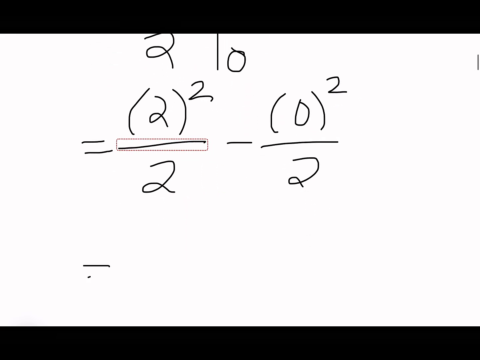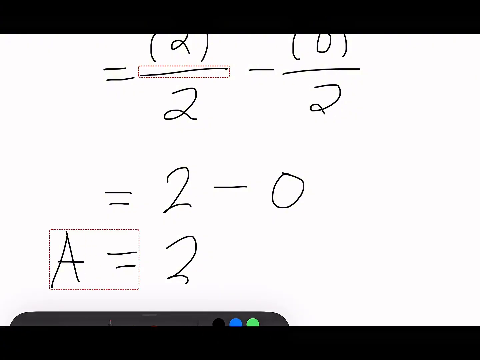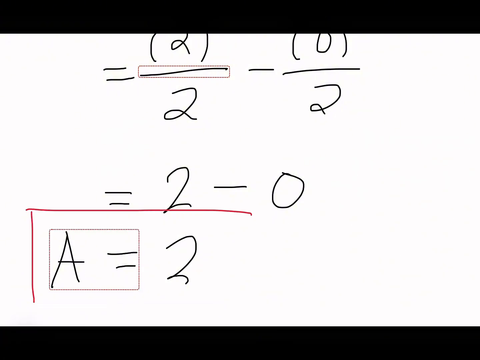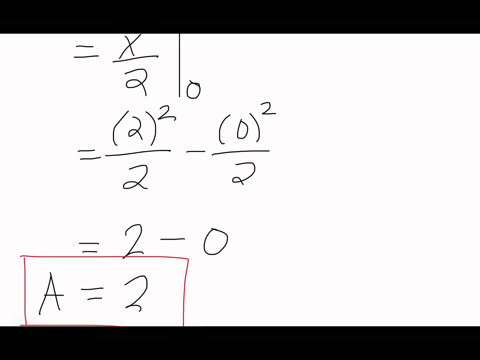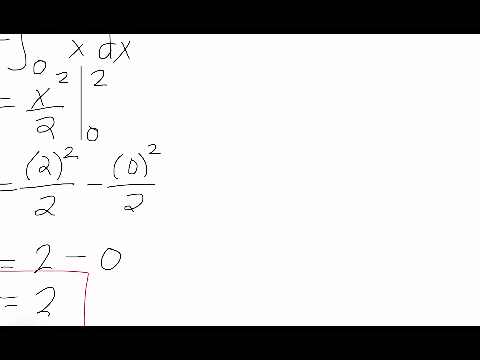So now 2 squared is 4, divided by 2 is 2, minus 0. So our area is 2. So this is our area. Now we need to move on to find the centroid.